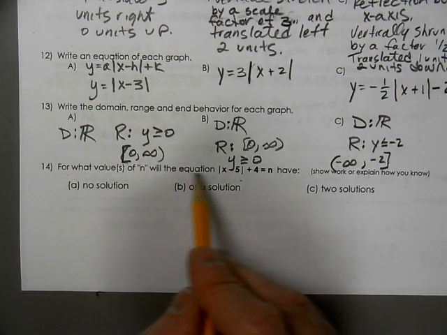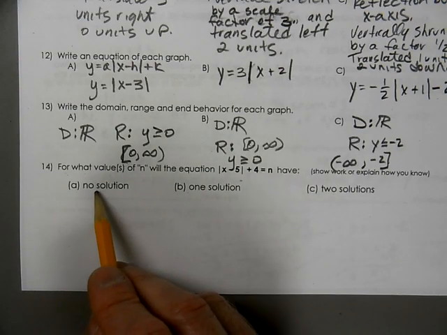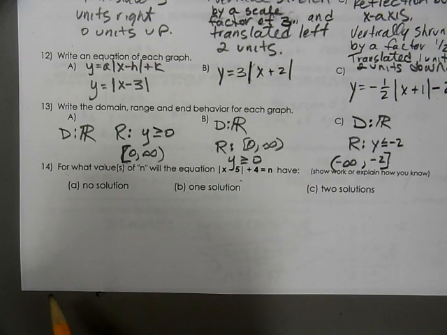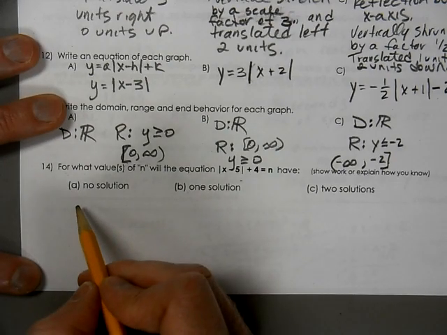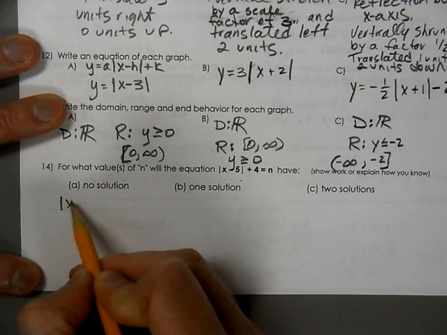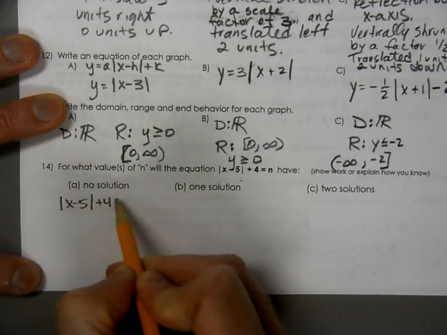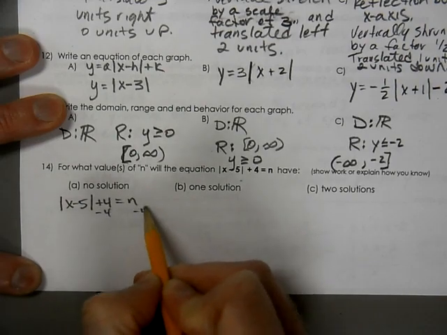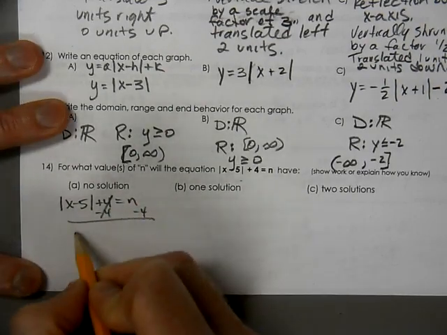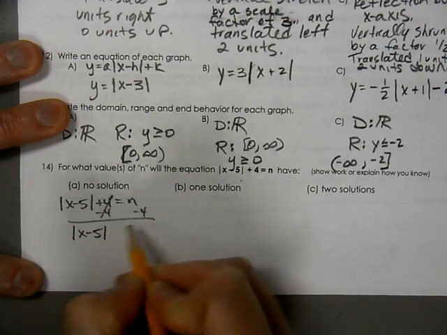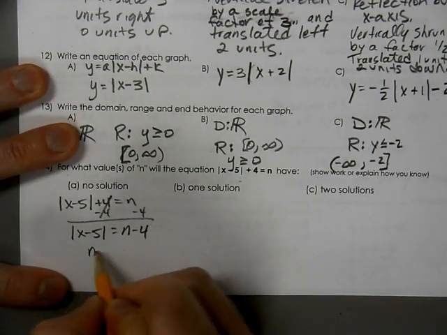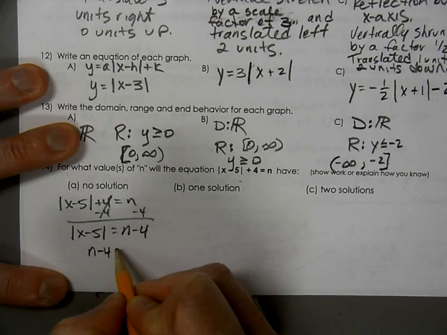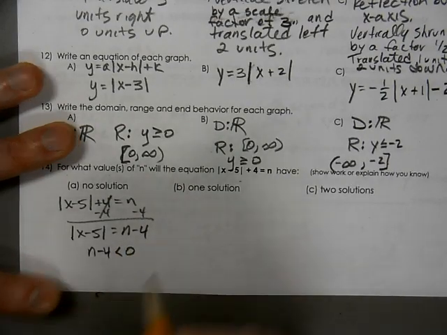For what values of n will the equation have no solution? So we're looking for no solution here. That means we want the absolute value isolated all by itself, and now we want to know when n minus 4 is less than 0.